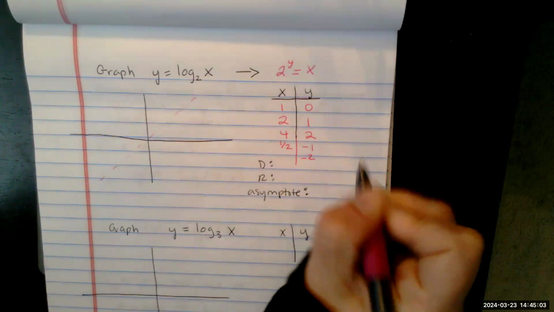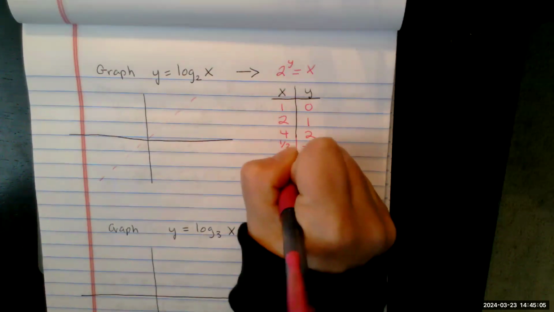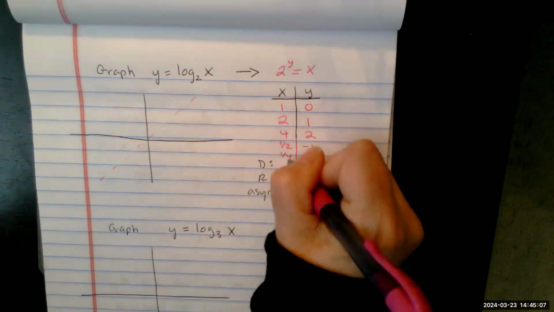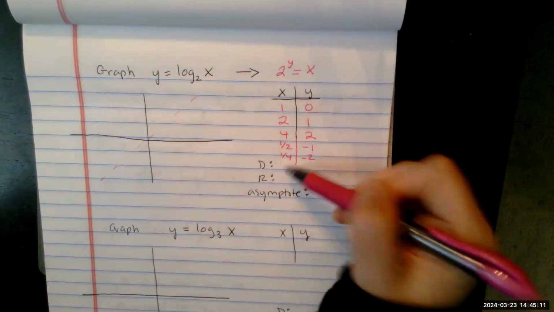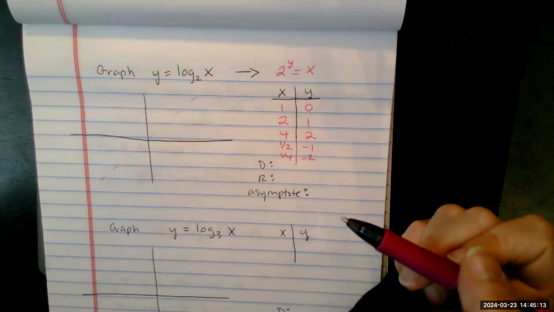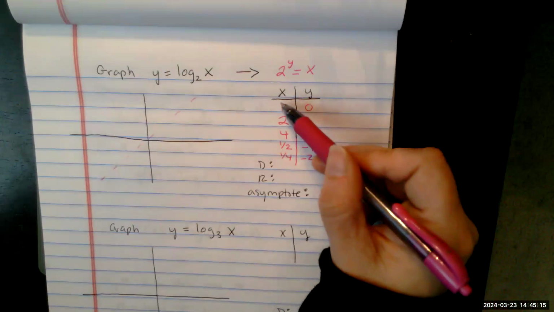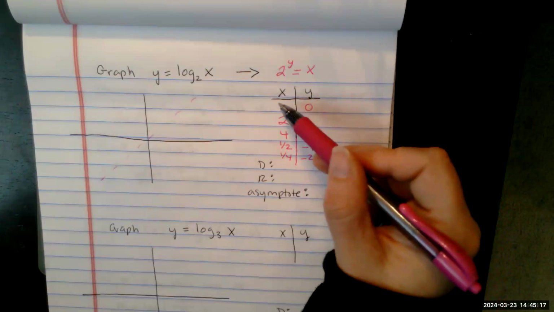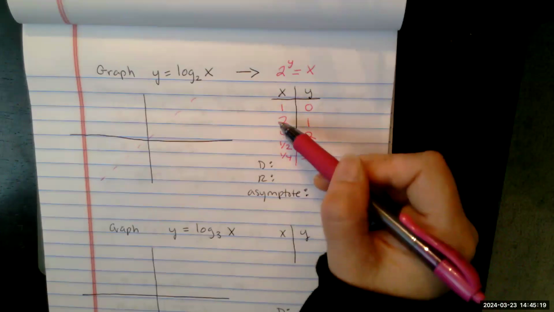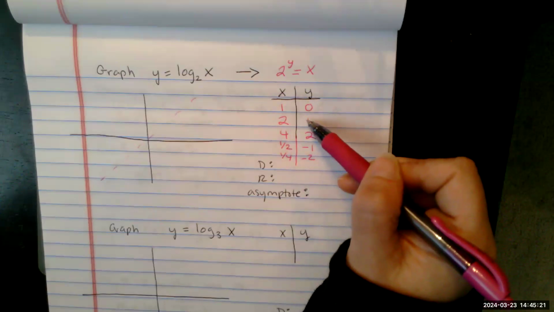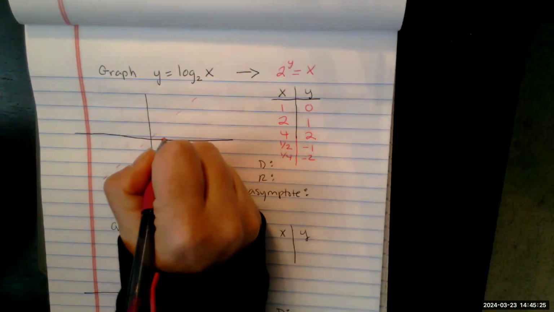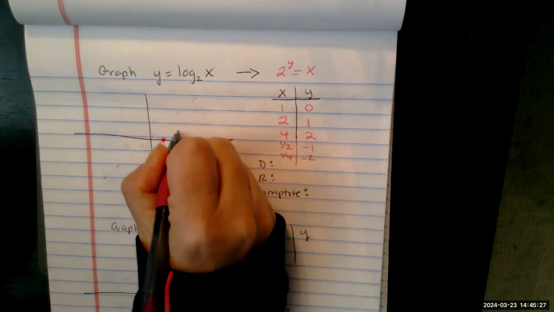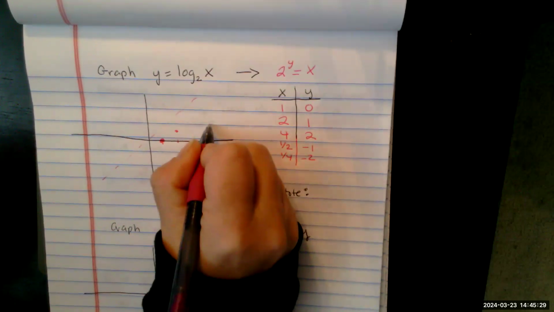And if I did a -2, it'd be 1 over 4. But again, no negatives, right? But do you see that this is the opposite of the type of thing we were getting when we did exponential functions? We would have 0, 1. Now we're getting 1, 0. We were plugging in 1 and getting 2 for something like this. Now it's the opposite. So if we plot some of these points, we'll see what happens.